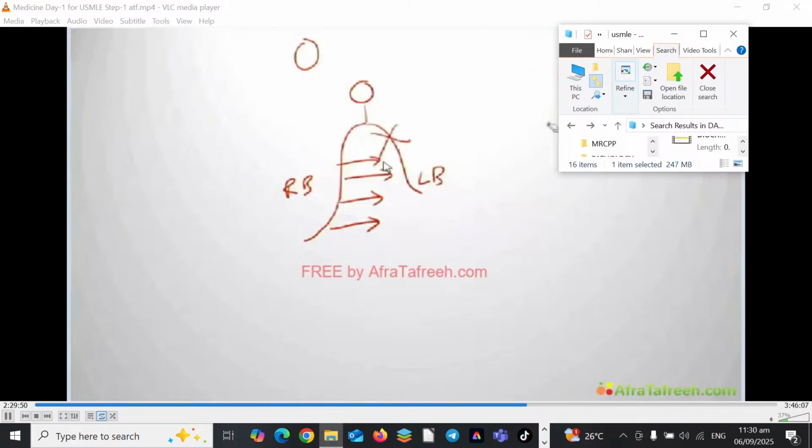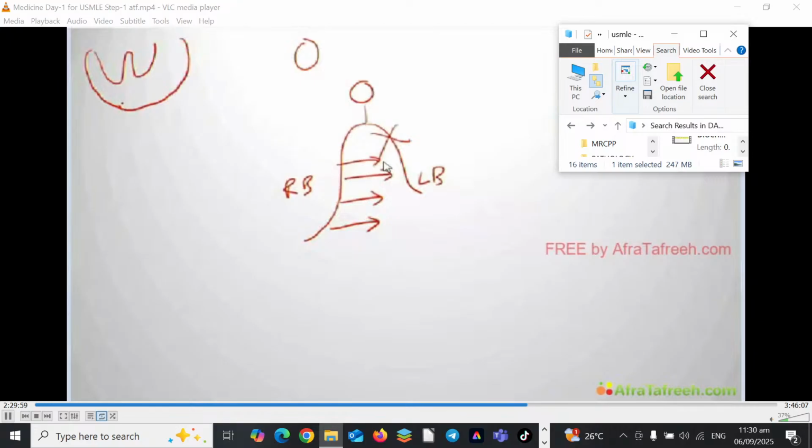What we are talking about is your RV is way thinner than your LV. So left bundle branch block would be a more severe problem because the right ventricle already is a thin muscle. Right ventricle was already having a disadvantage on the EKG, and all those disadvantages will only become more manifest.